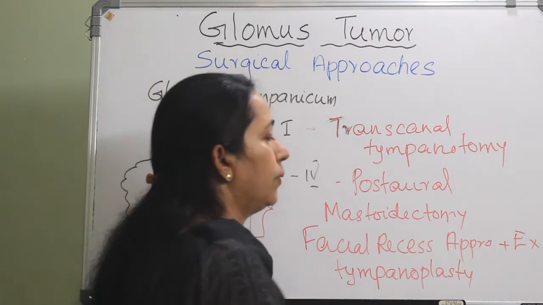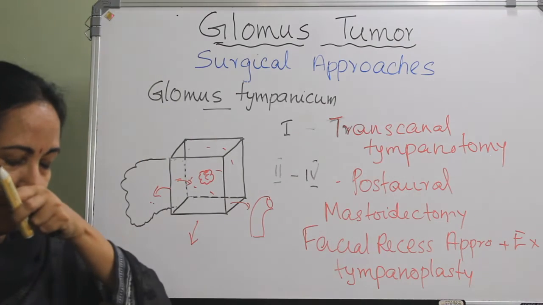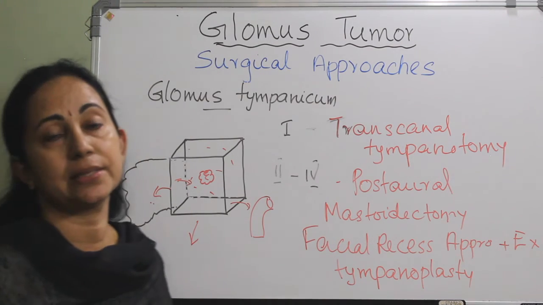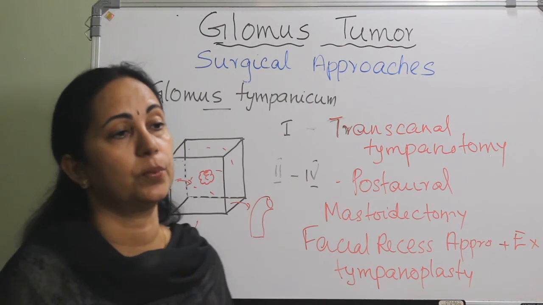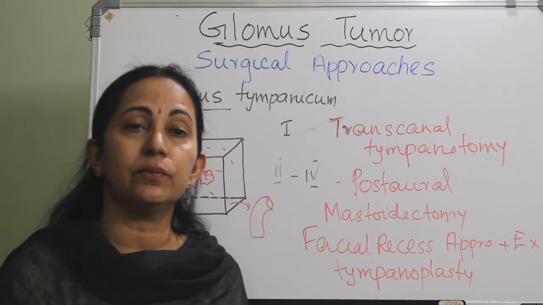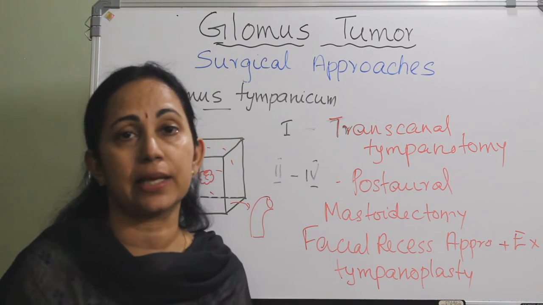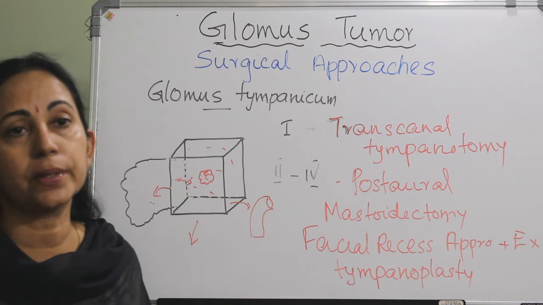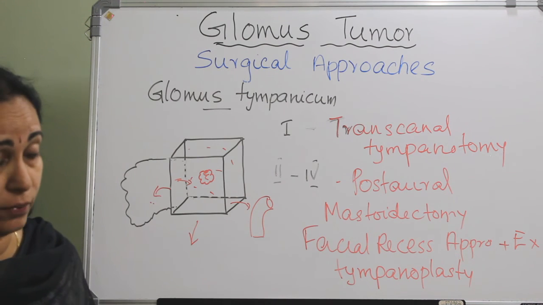Depending upon the type of bone involvement, different types of tympanoplasty can be done. Here we can use cold instruments or laser, and endoscopic removal is also widely used nowadays.